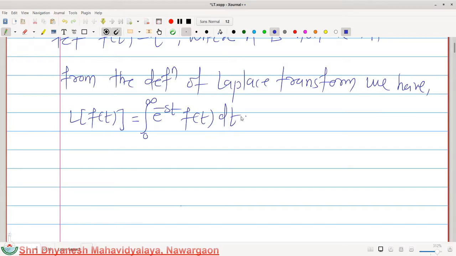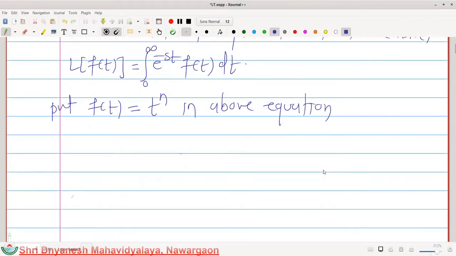Okay, so put f of t equals t to the power n in the above equation. What will we get?